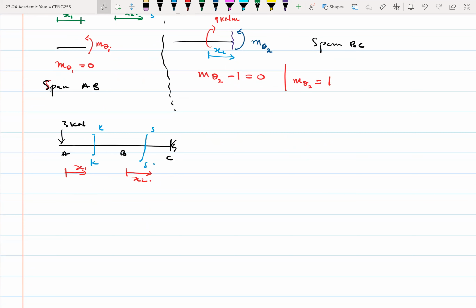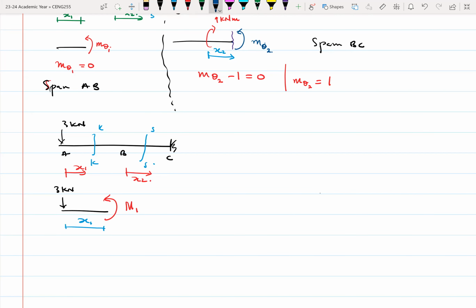If you look at section KK, this is what we have: a 3 kilonewton load. And we want to find this moment here, the big M1. This distance here is X1. We don't know what X1 is. We will later formulate equations on that.